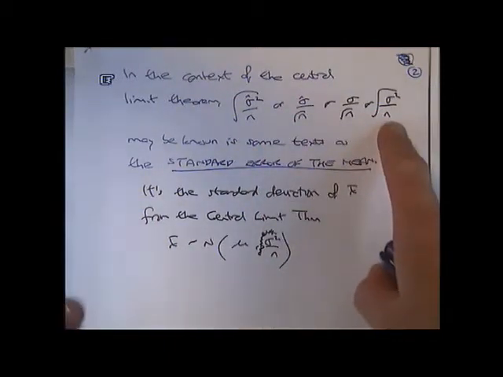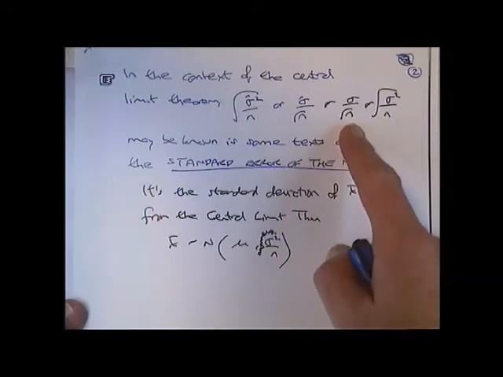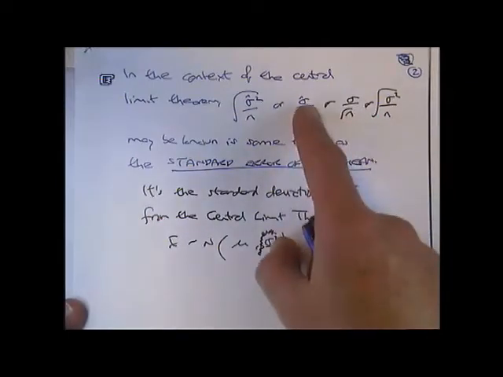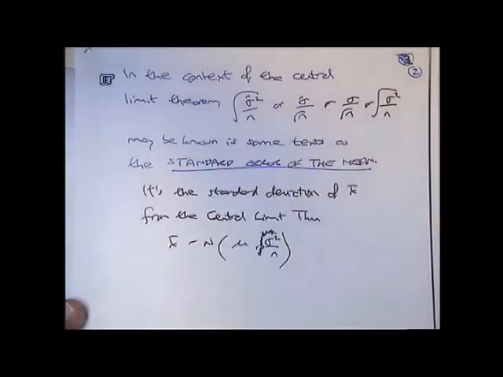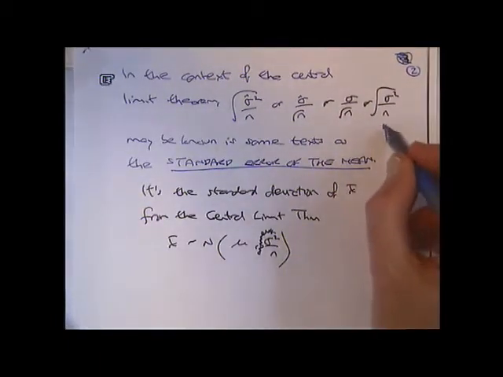If you square root top and bottom, you get that. And if you're talking in terms of unbiased estimators with hats on, those two are just those two. But if they're talking anywhere about the standard error of the mean, they're talking about that one there. That's the most basic one.